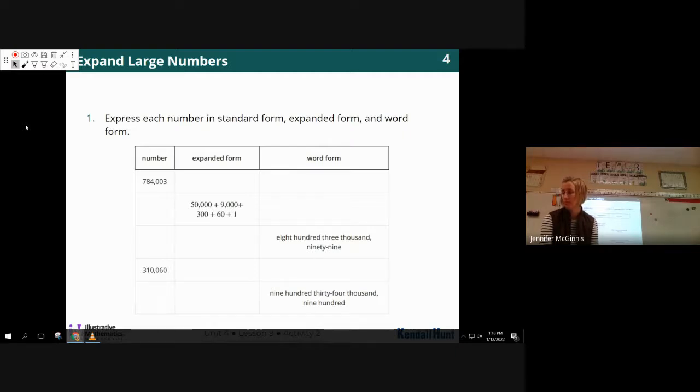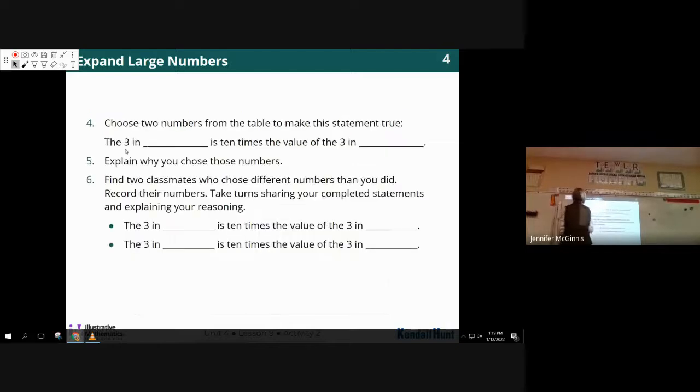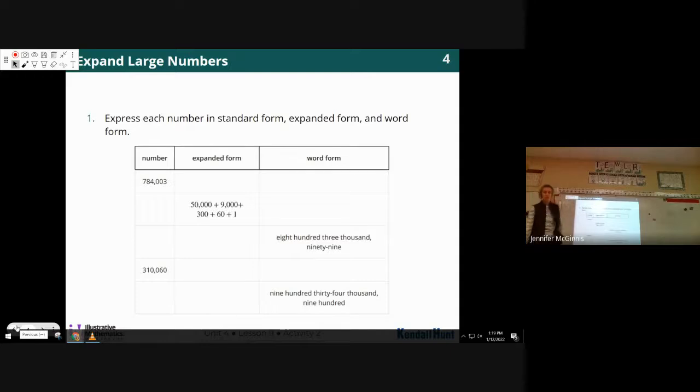Now that you've unpaused and you're back, we're going to talk about these questions together. Choose two numbers from the table to make this statement true. So you're going to go back to the table that you just made. You should have done this on loose leaf paper. My class students should have done this in their notebook in the classwork section.